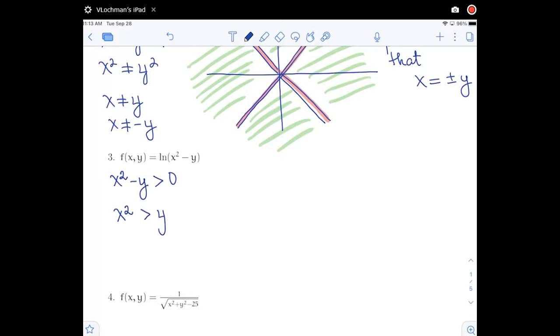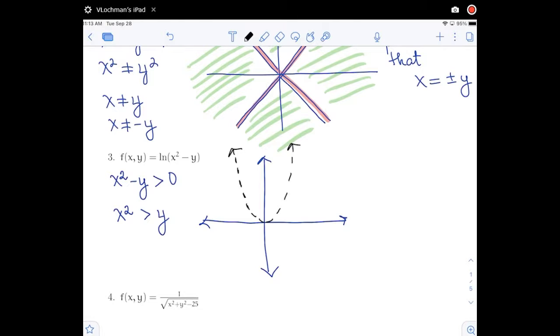Okay, and now we need to think about what that looks like in R2. Okay, so here's our plane. Greater than, that means we will have a dashed line, right? So the line is not going to be included. So this is going to be our parabola. Okay, so notice how this parabola splits the plane into two regions, right? So above the parabola and below.